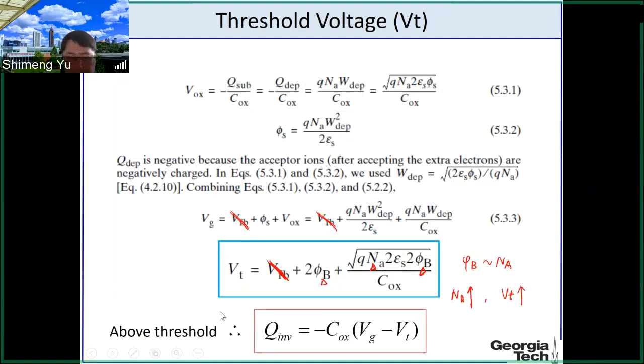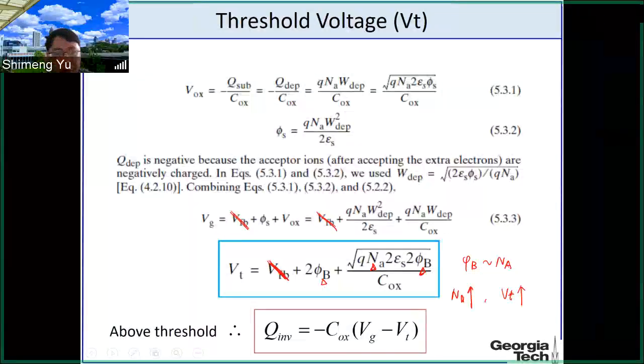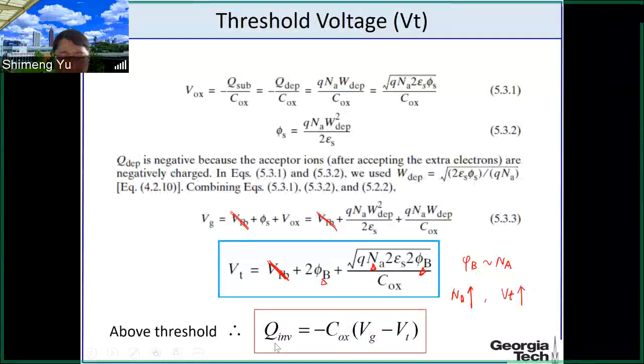Then above the threshold voltage, if you further increase the gate voltage, we're going to induce more and more free electrons at the surface. Then according to the capacitor model, the free carrier, in this case the inverted electron Q inversion, is the oxide capacitance times the voltage.